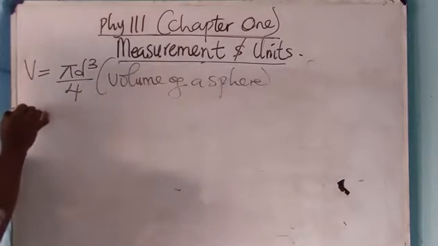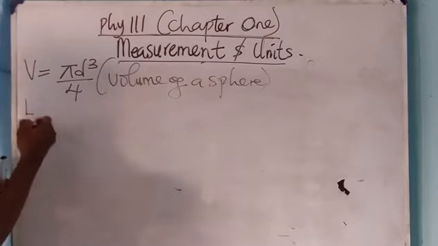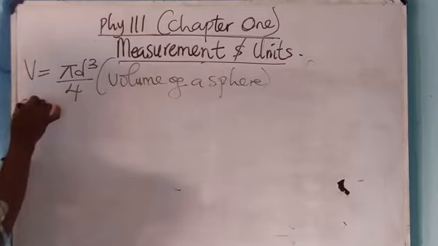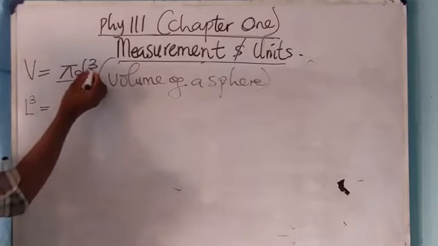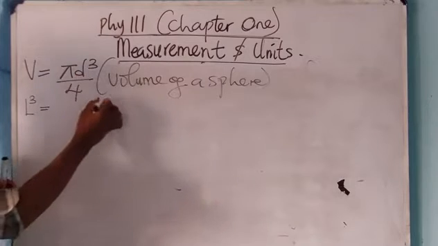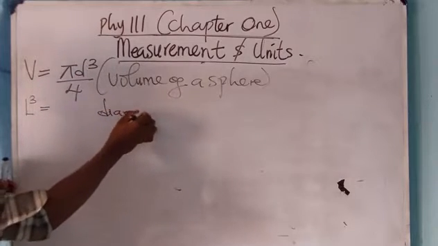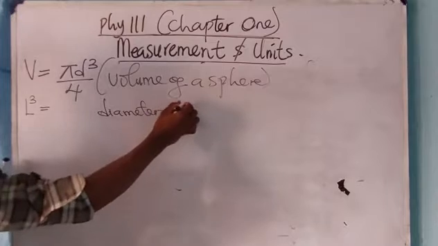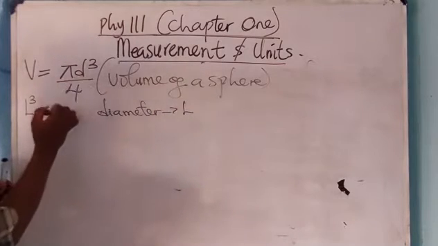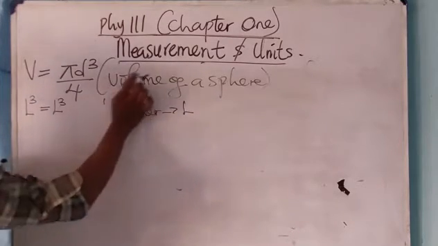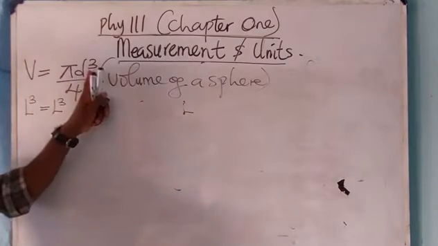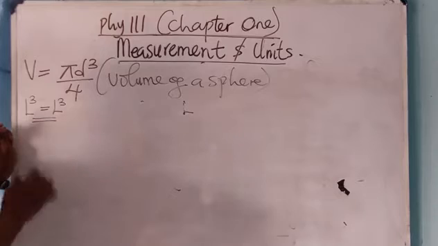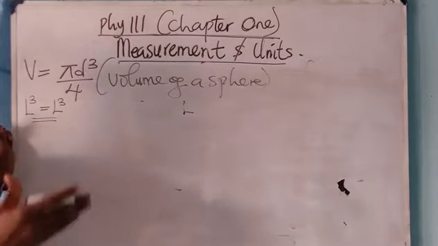Volume is length times length times length, which gives L³. Then you have D³, where D stands for diameter, and diameter is length. So V is dimensionally the same as this, so it is dimensionally correct. Yes.